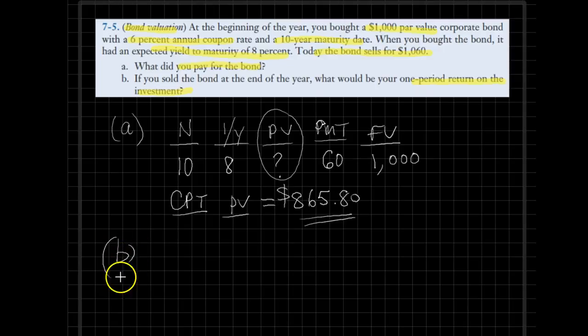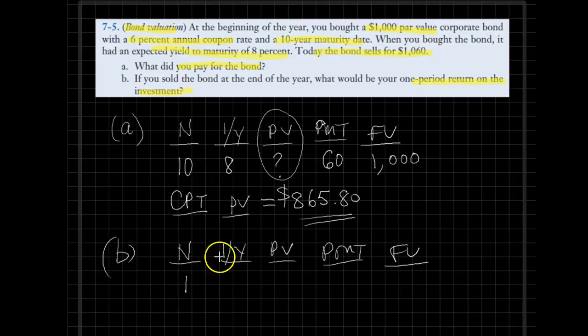Now in the second part of the problem, we need to figure the 1 period holding period return for this investment. So there are multiple ways to approach this problem. One way would be again to use the third row of our financial calculator, because we are holding it for 1 year only, so N would be 1.